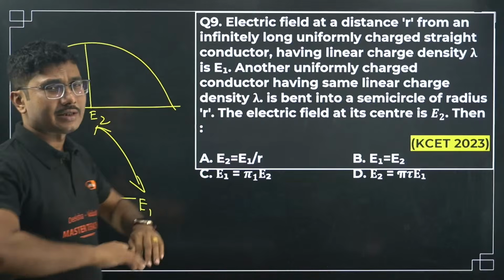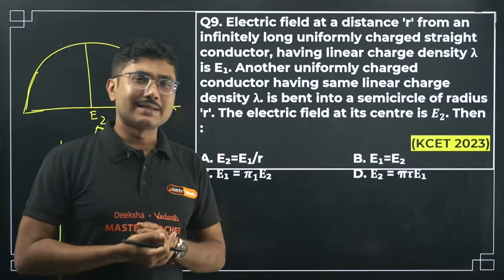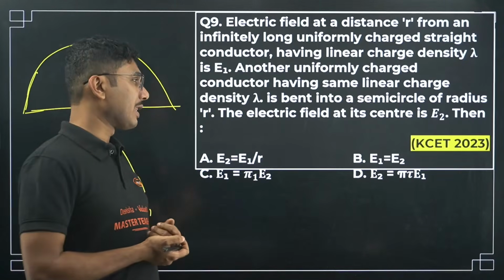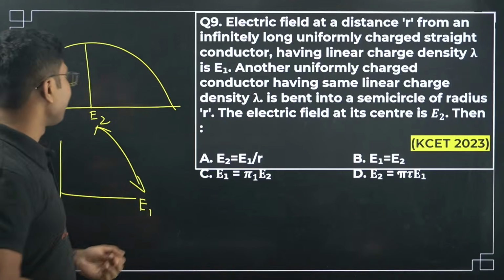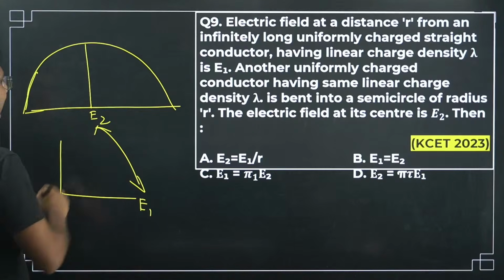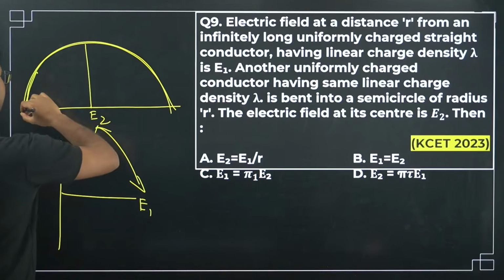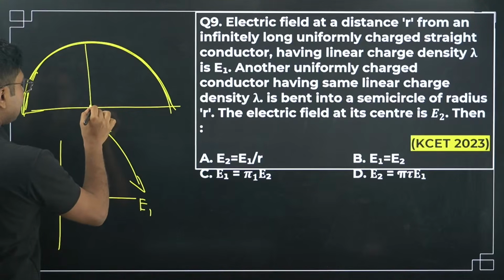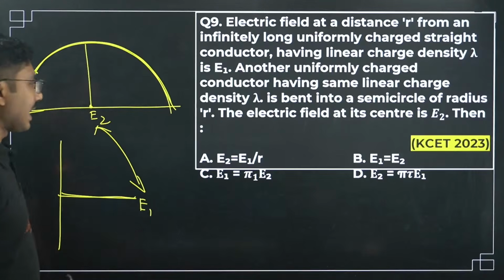Now the derivation is very difficult, but if you remember it as a small fact, then you can answer this question easily. What is the fact? The electric field due to a semicircular loop at its center is exactly equal to the electric field due to a straight current carrying wire.